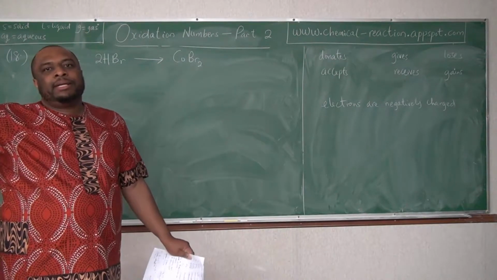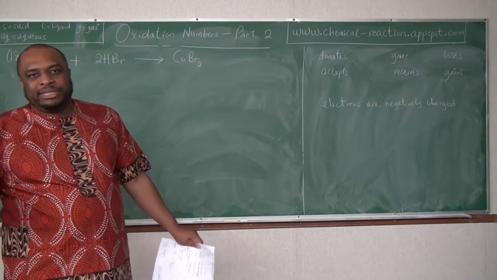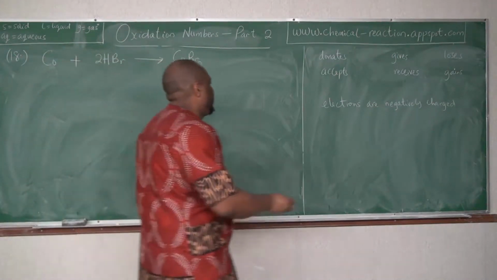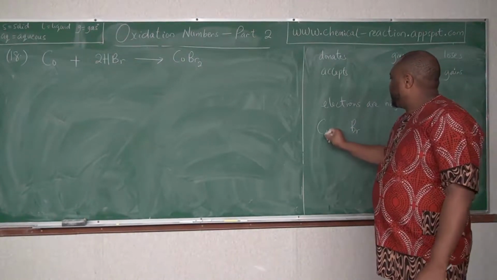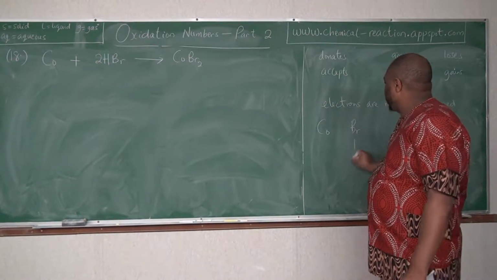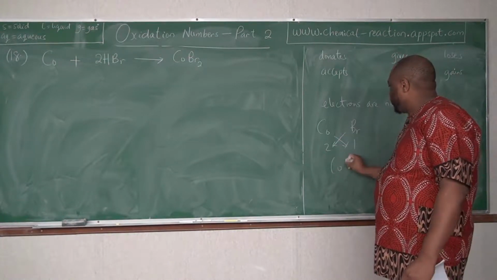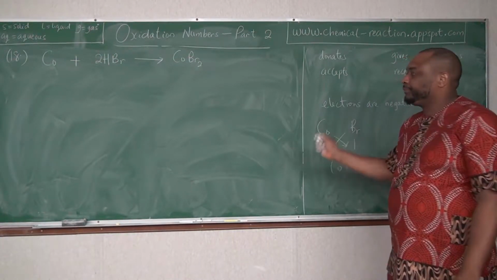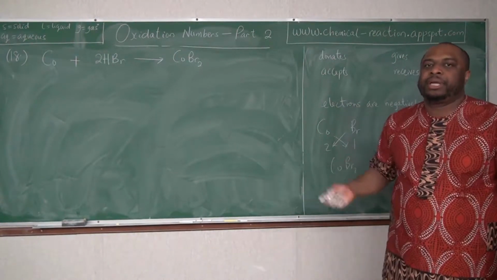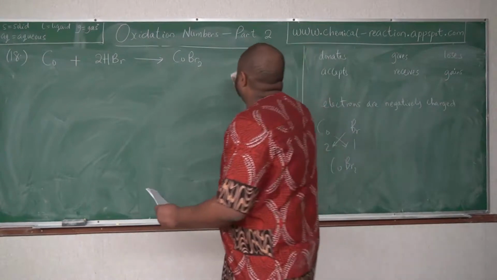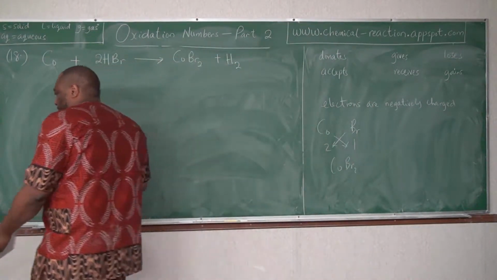So X plus 2 times -1 is equal to 0, so X minus 2 is 0. Or you just know cobalt, bromine: this goes here, this goes here. I expect you to know this by now. We are starting with the simple ones.